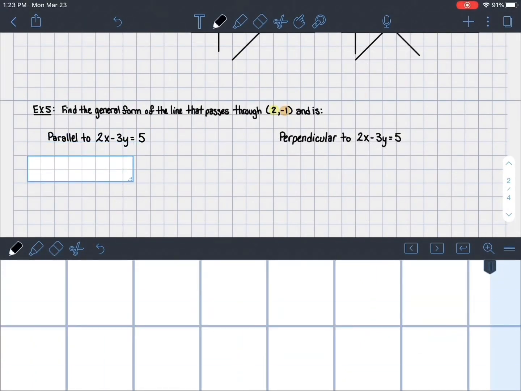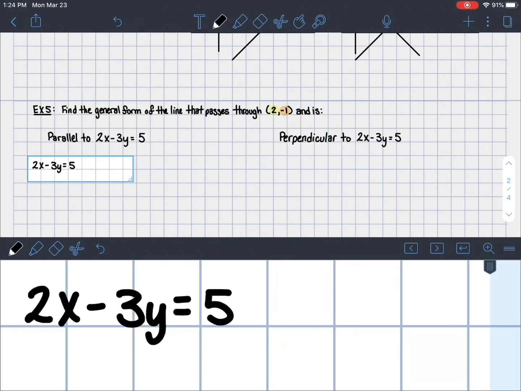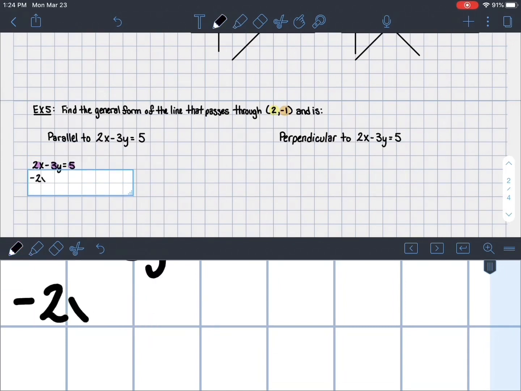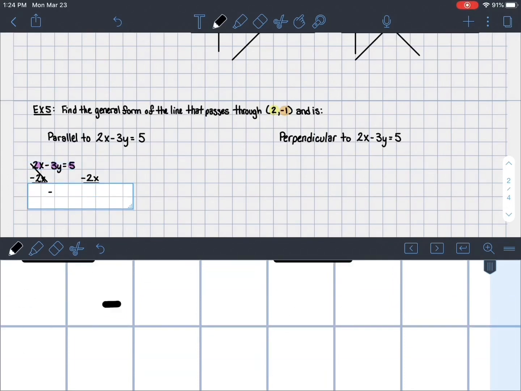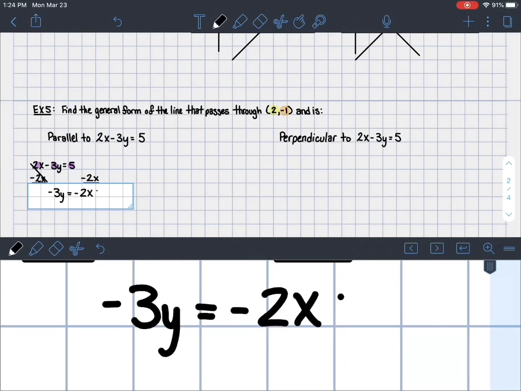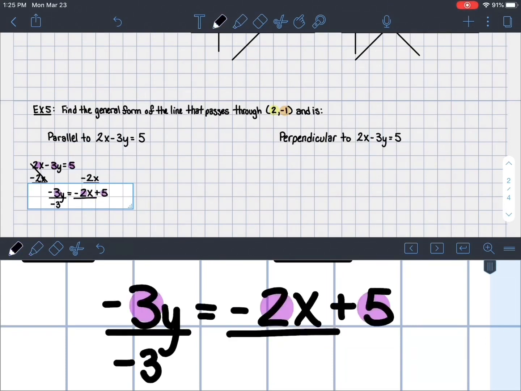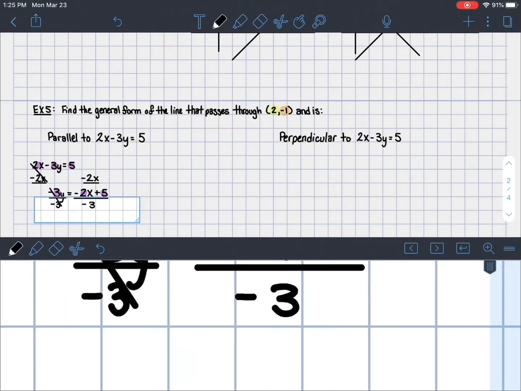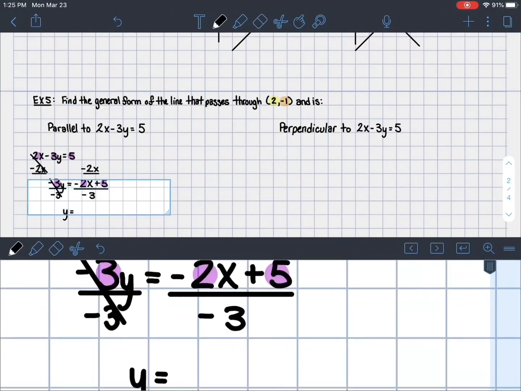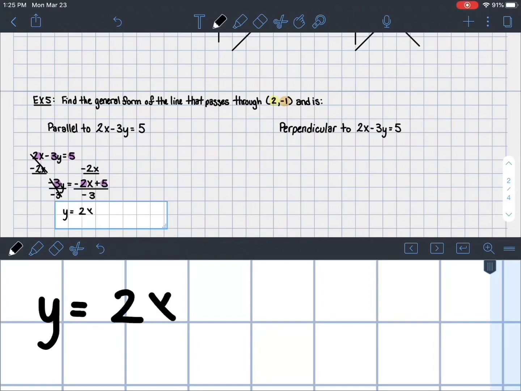In order to find parallel and perpendicular lines to the following line, we'll first have to solve this so that we have y = mx + b format, because we're going to need the slope in order to know parallel and perpendicular lines. For parallel, you're going to have identical slopes. And for perpendicular, you're going to have negative reciprocal slopes.